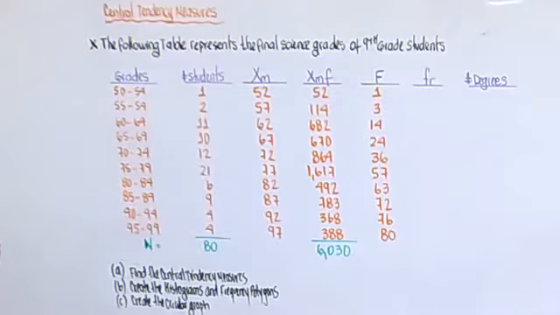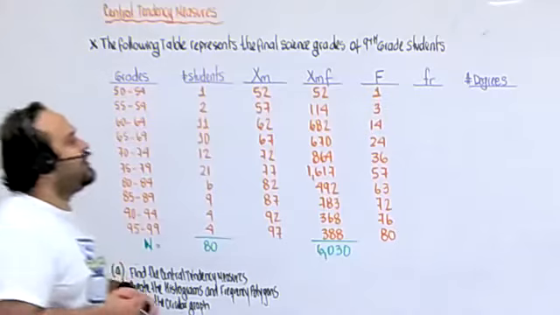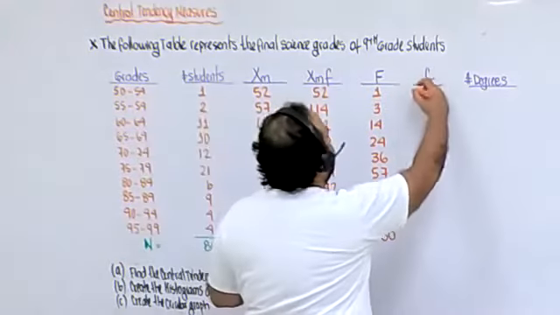So the only thing we have to do is divide every quantity of students by the total value of the students. For example, in the first one, 1 divided by 80 multiplied by 100, the first one will be 1.25%.